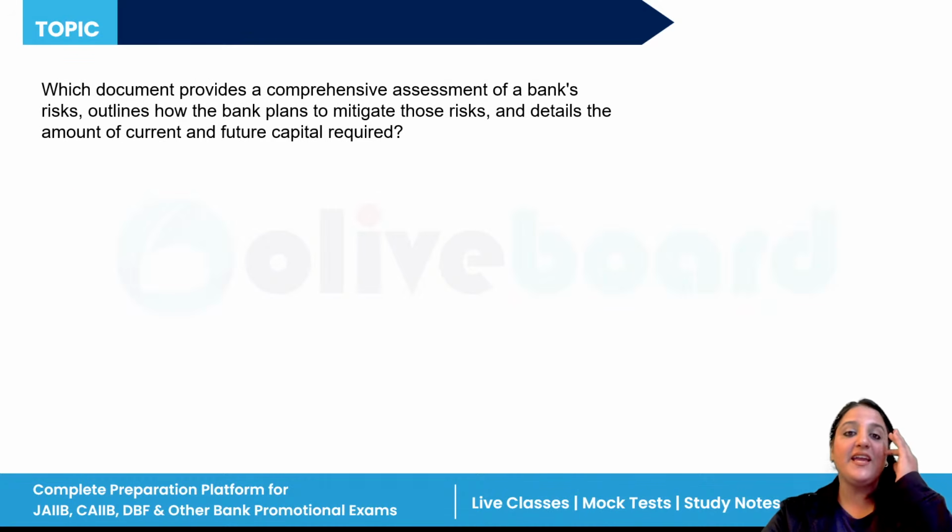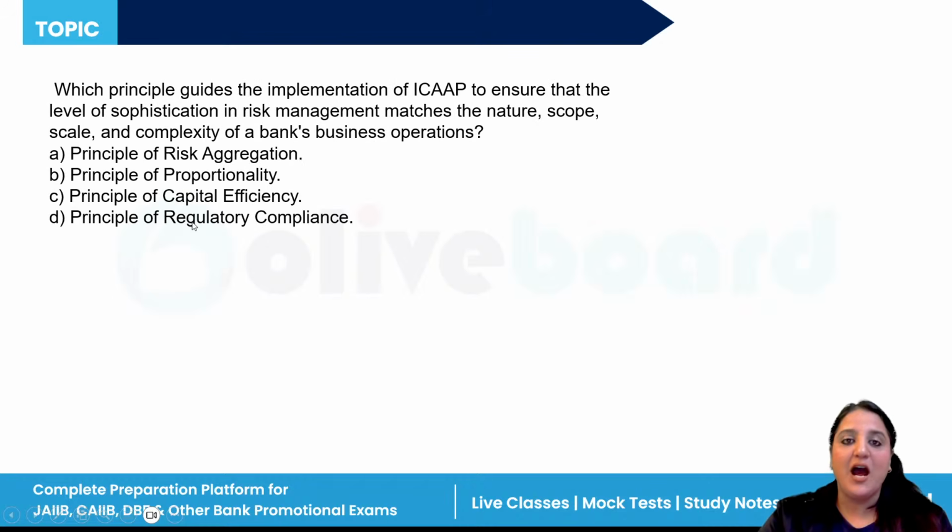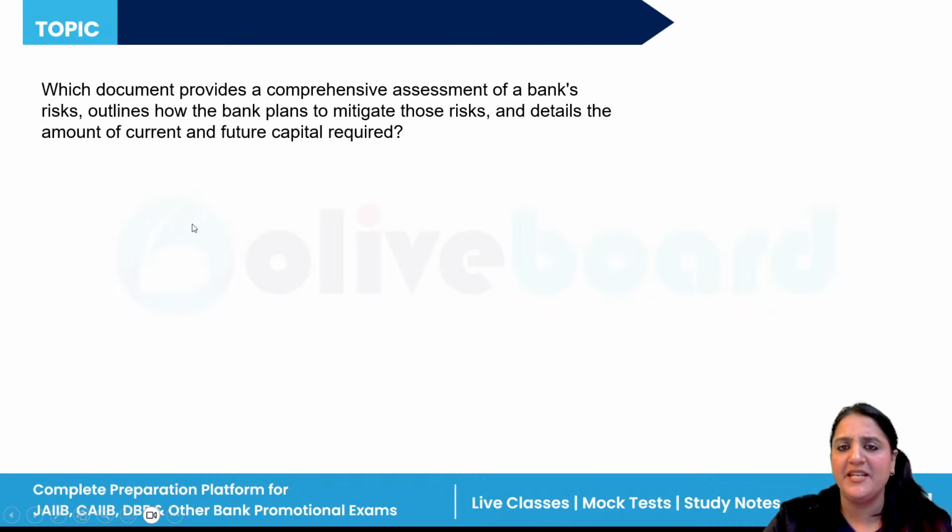Which document provides a comprehensive assessment of a bank's risk and outlines how the bank mitigates those risks and details the amount of current and future capital required? So which document is that? Give the quick answer.